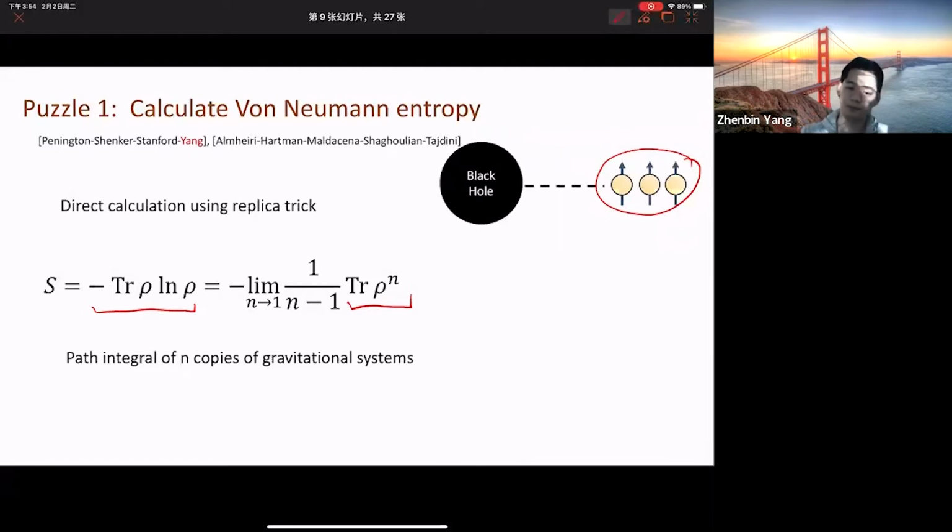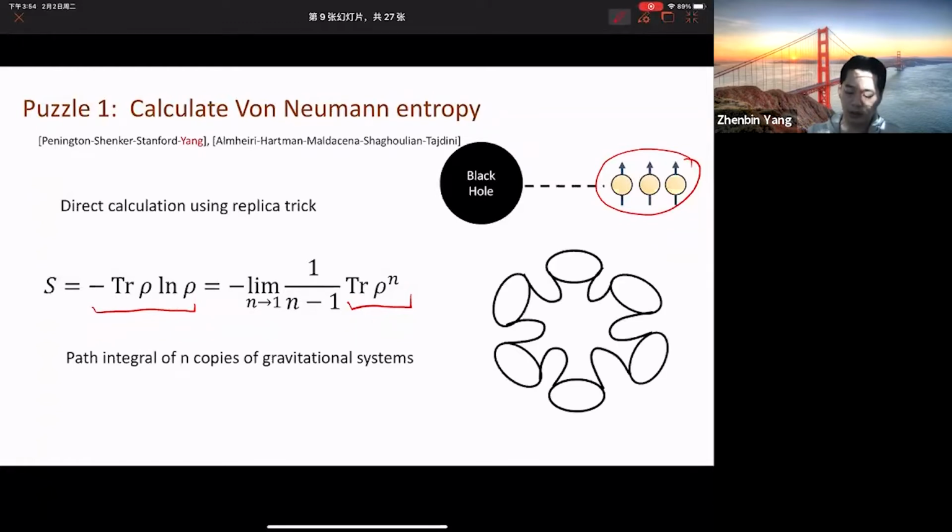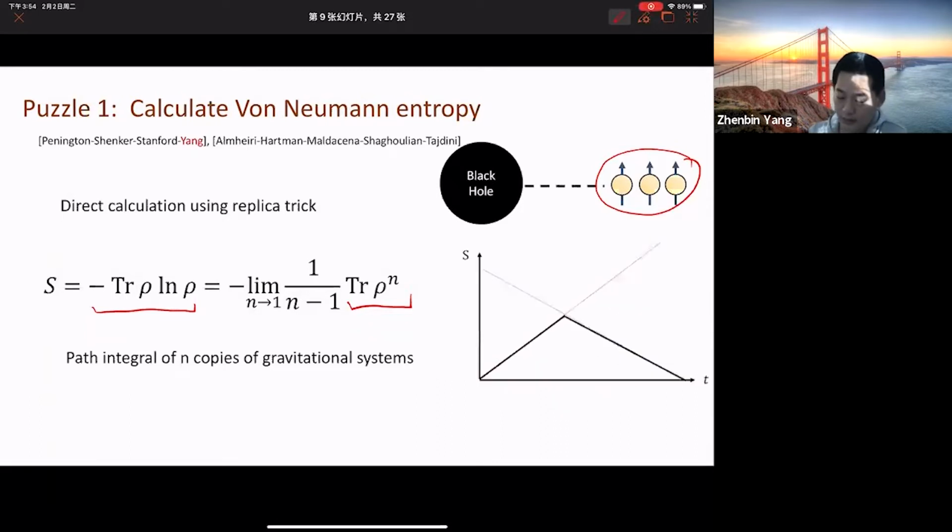Then when you do the gravitational path integral, there will be non-trivial gravitational saddles called replica wormholes that dominate this entropy calculation at late time. As a result, this gives you an entropy of the radiation that saturates the black hole entropy.